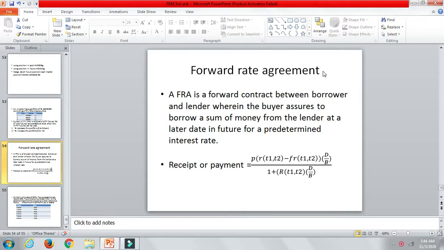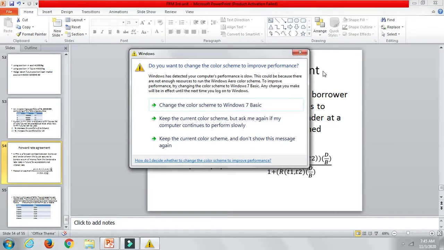A buyer, he will be wishing to borrow at a lower interest rate. This forward rate agreement will be all about reducing the interest rates the borrower pays. So we take a loan, right? On a loan we need to pay interest rates. For that reason this forward rate agreement will be used.